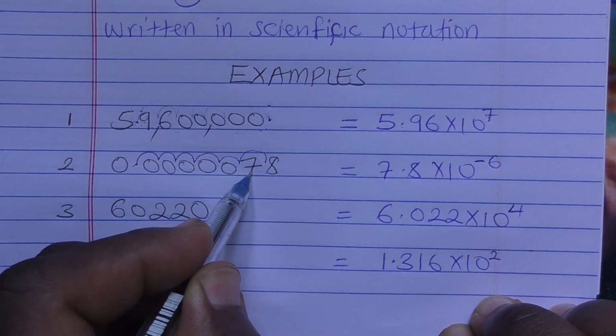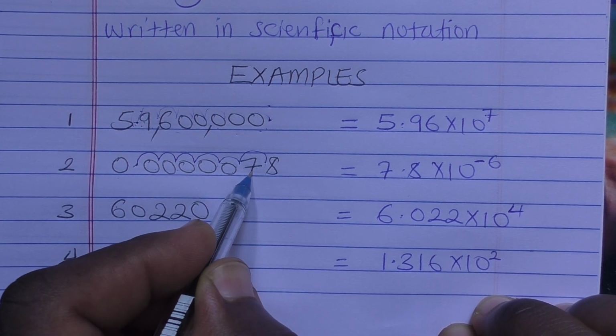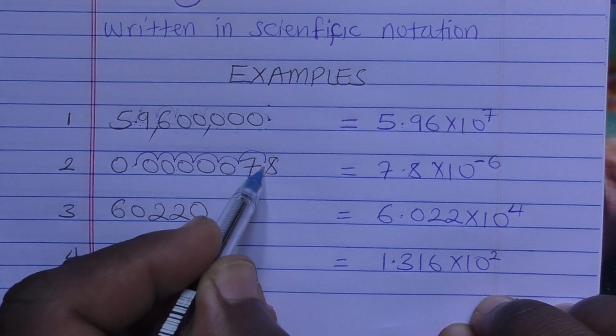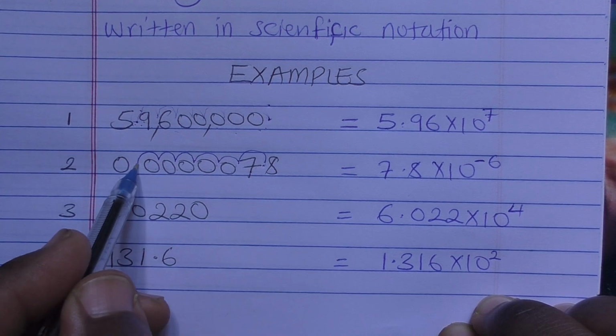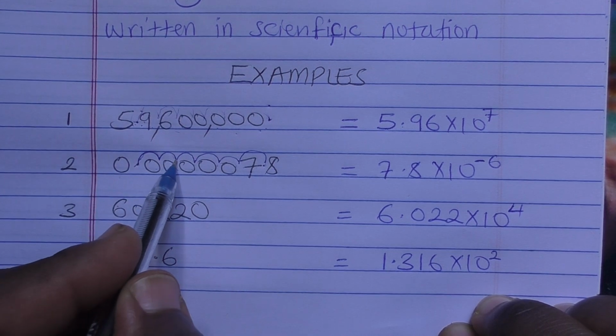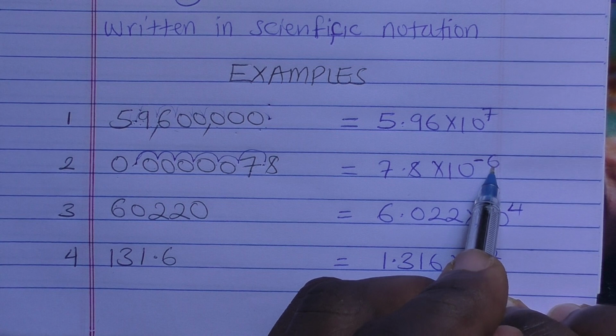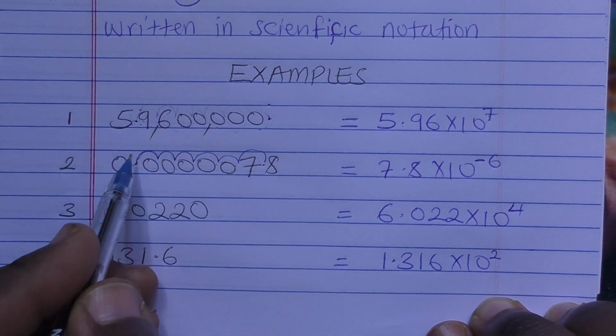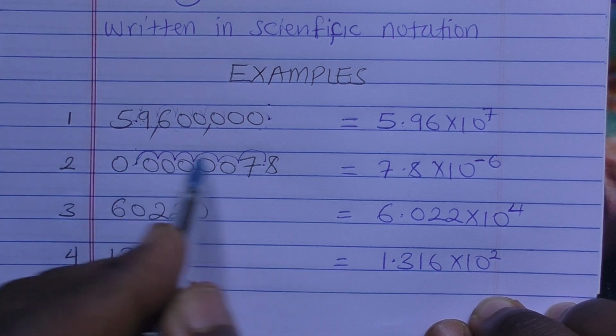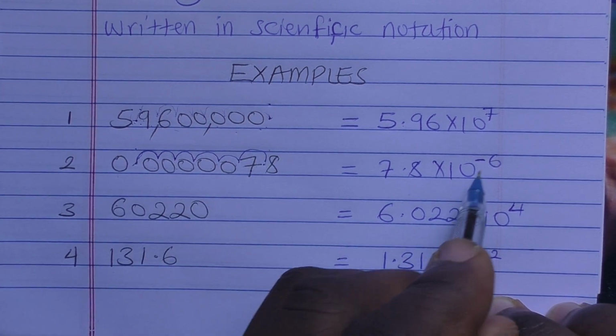Since we have reached a figure that is from 1 to 9, we shall pause our point from there. The number of steps we have moved, there are 6 steps. They become our power. But because we are moving from left towards right, that power is negative.